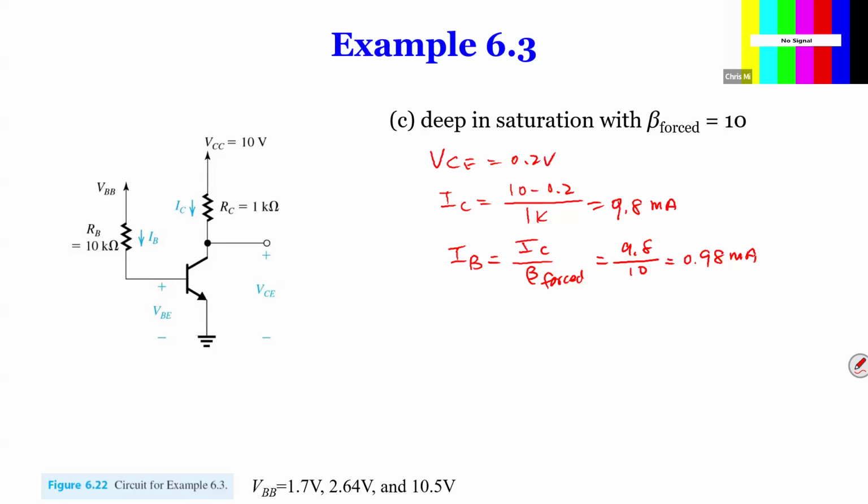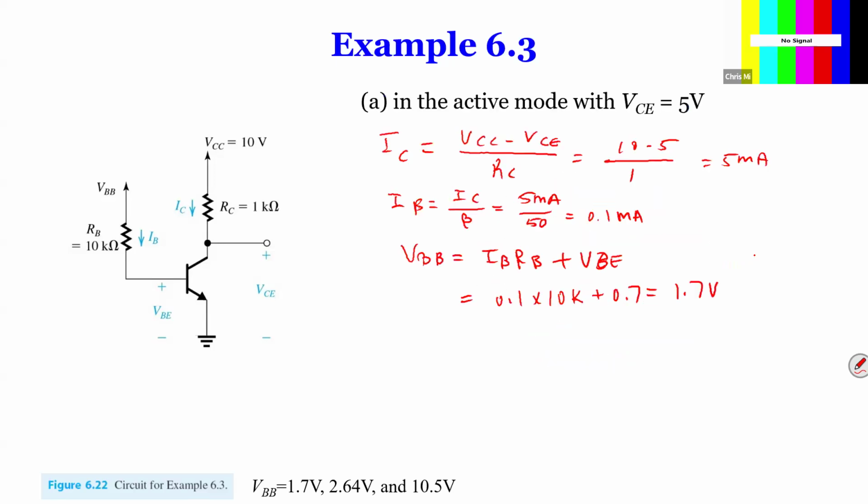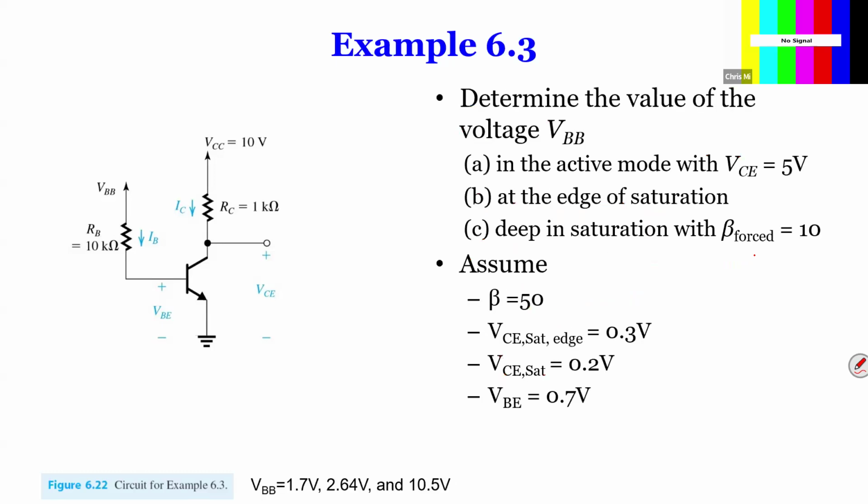On the first problem, could you explain again why VBE is equal to 0.7 instead of greater than 0.7? Oh, VBE was given at 0.7. Yeah, it was given in the problem.